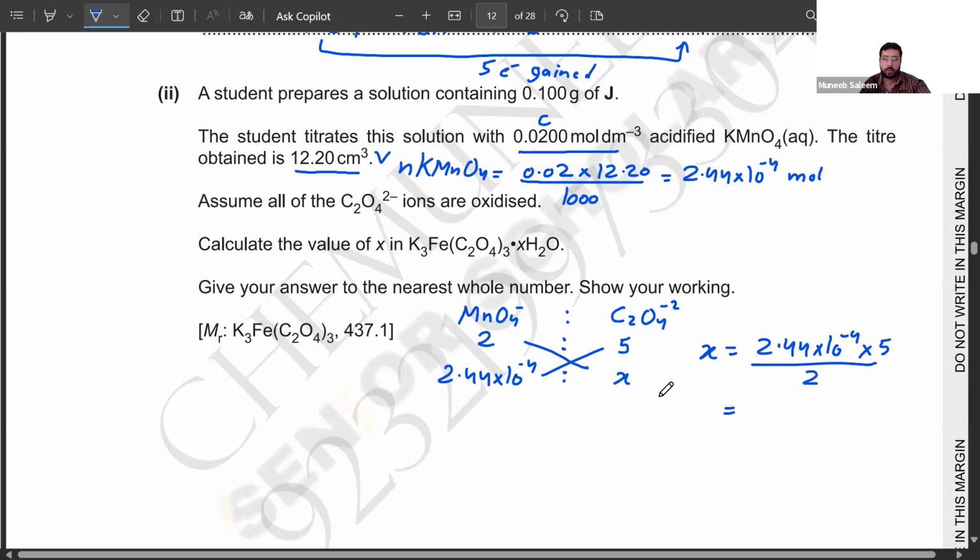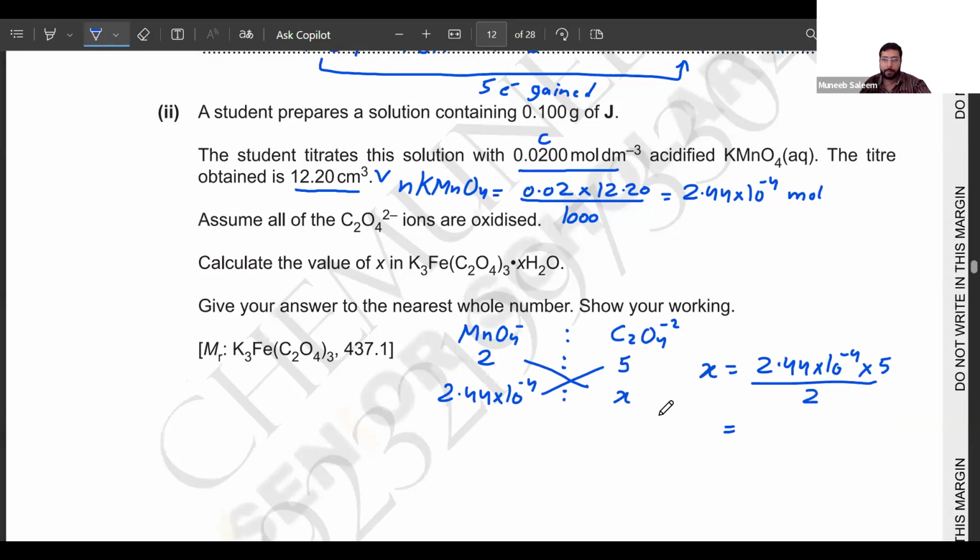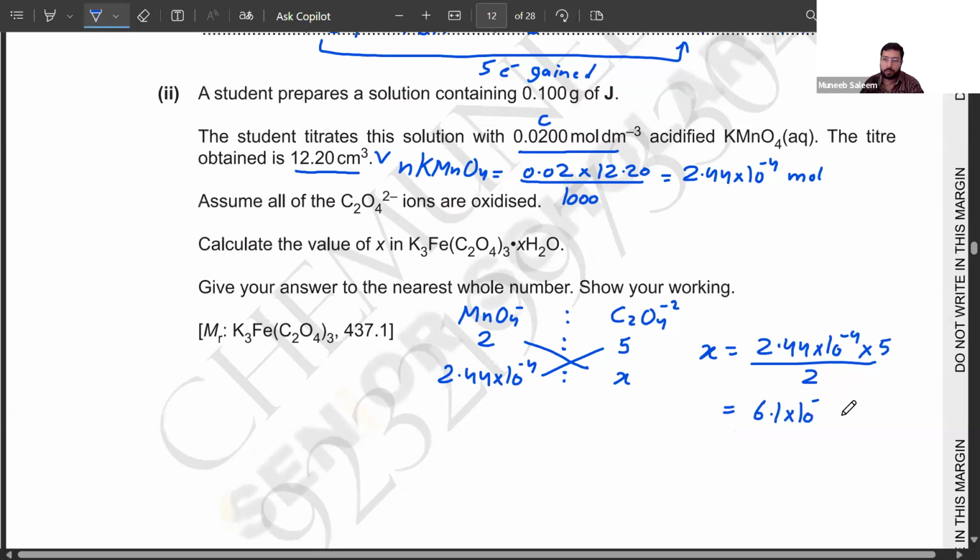Now this value comes out to be 6.1 times 10 to the power minus 4 mole.